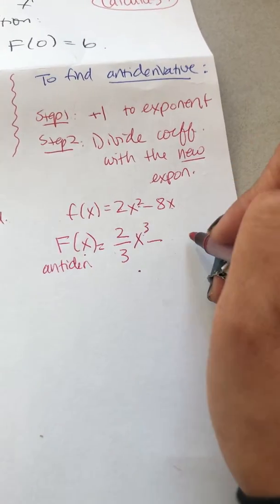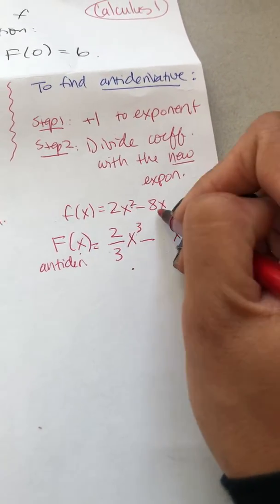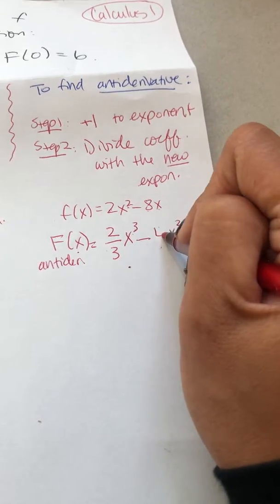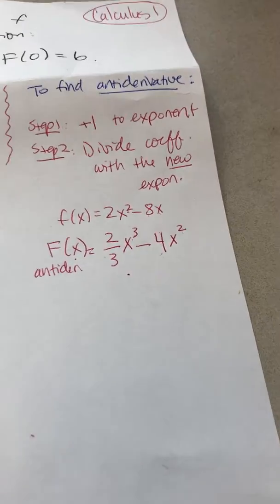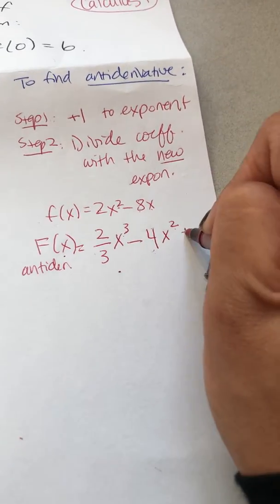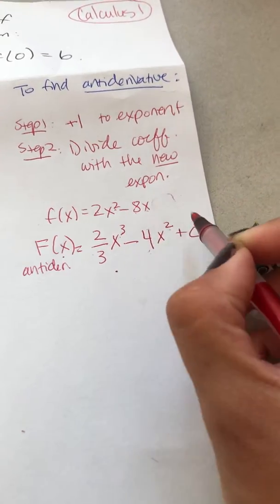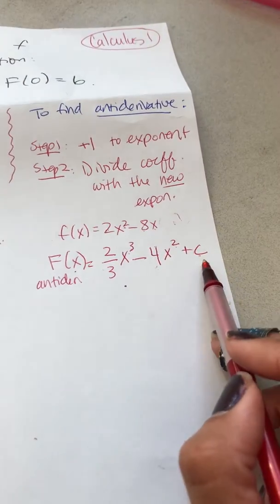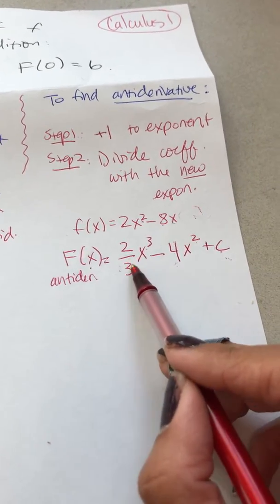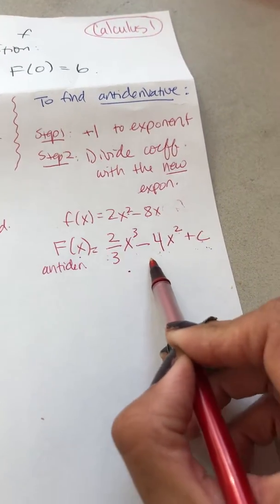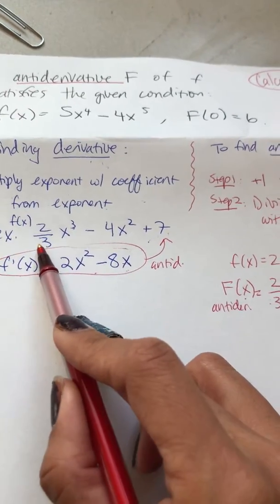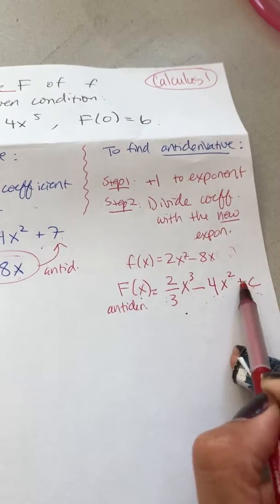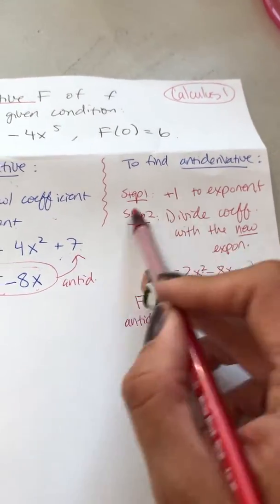Minus, again I add 1 to the exponent first, x squared, and then divide by the new exponent, so 8 divided by 2 gives me 4. And then I always want to put a plus c, because if there was a constant here, when you take the derivative, it becomes 0. So that's why we put a plus c. As you can see, 2/3 x cubed minus 4x squared plus c goes back to 2/3 x cubed minus 4x squared. The constant, we don't know what it is, so we just call it c. But here it was a 7. So that's finding the antiderivative.